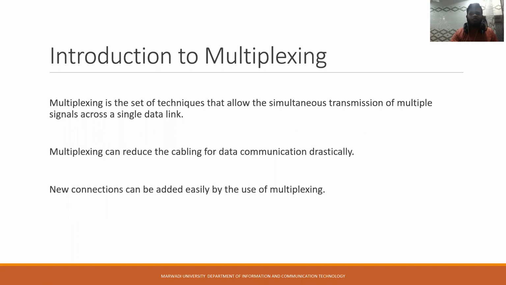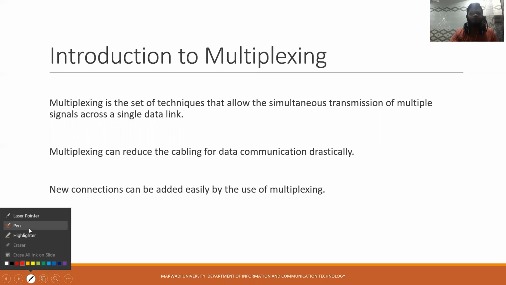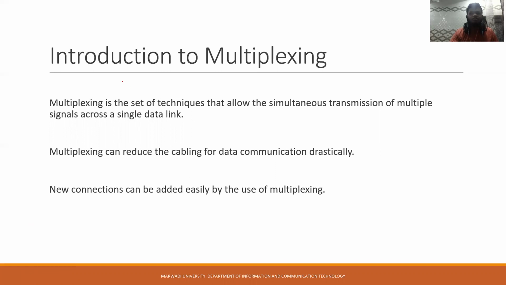We have only one cable for transmission, but we have multiple users. Let's take an example of telephone communication. There are two cities, and they have telephone networks, and there are n number of users, so there should be n number of connections connecting these two cities, right?